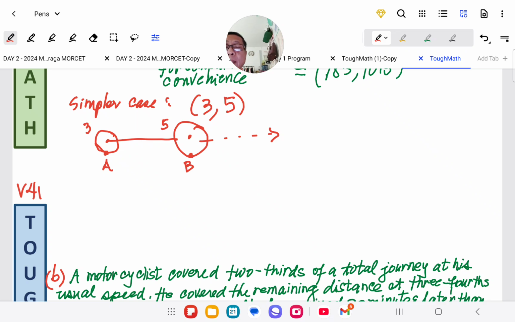It's the smaller wheel that is in front. Let me erase that.